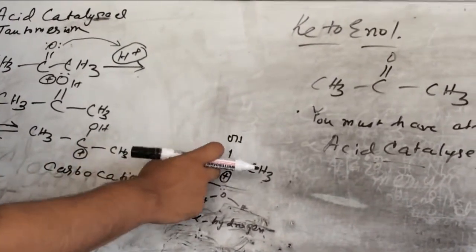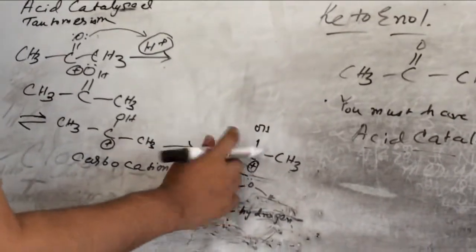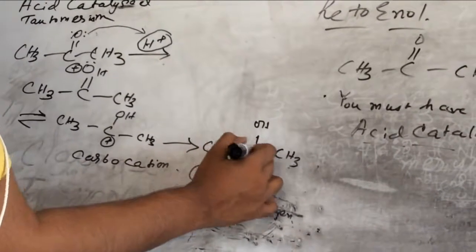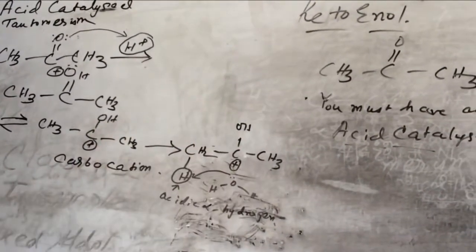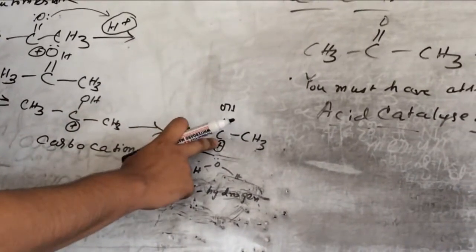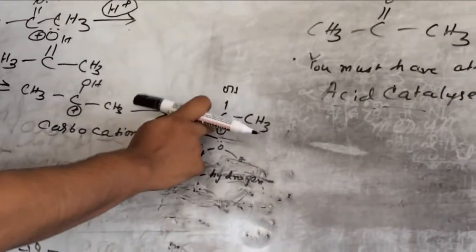You can see that these are in conjugation. So when hyperconjugation takes place, a double bond is formed here and it becomes stable. So there are 3 alpha hydrogens with respect to this carbon, so hyperconjugation takes place.